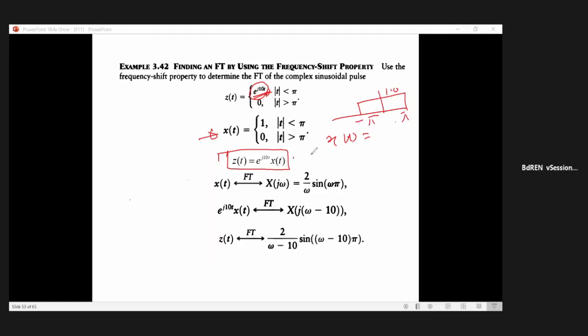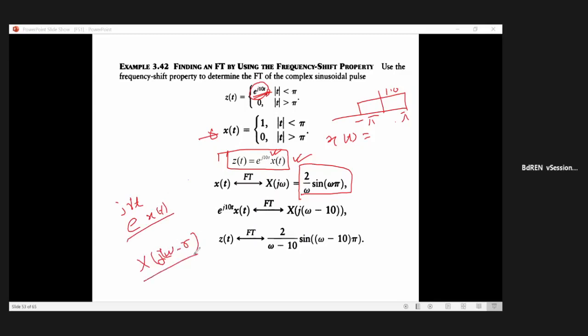This can be a complex one or a real one, no problem. But if we have this and want to take the Fourier transform, you know the Fourier transform of x(t) is easier to determine. It is a simple pulse, and we know from our previous example what its Fourier transform is. Then if we compare this with the multiplication e to the power j gamma t with x(t), the corresponding Fourier transform was X(j(omega minus gamma)), isn't it?